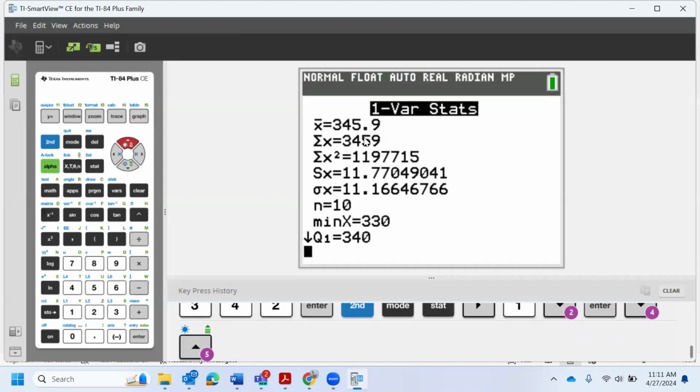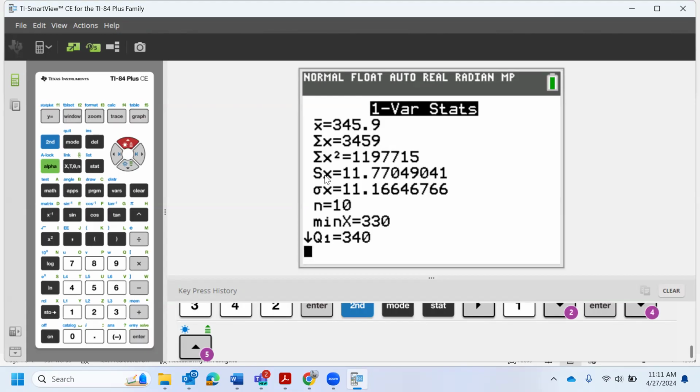This sum is the total of all your x. If you add up all your x, you'll get 3459. If you take that 3459 divided by your n of 10, you'll get 345.9. In this case it's divided by 10, so there's no issue.